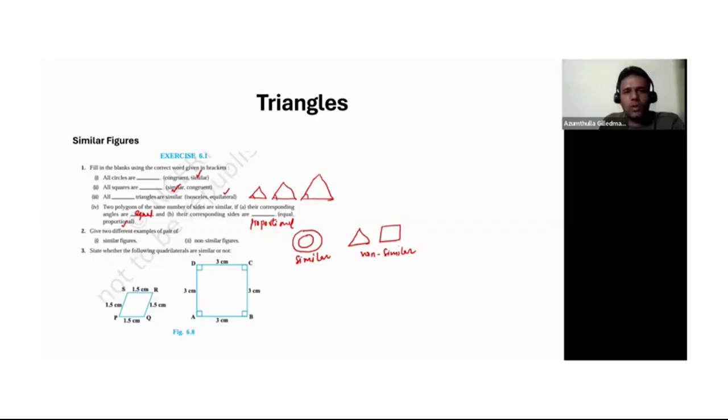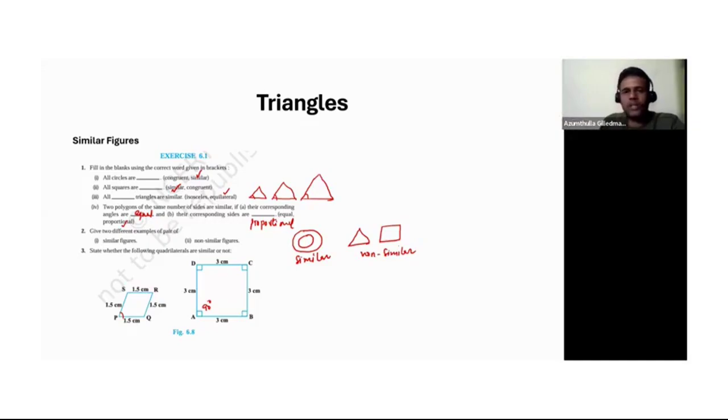State whether the following quadrilaterals are similar or not. Here the criteria for similar is that the corresponding angles should be equal. Here the angle is 90 degrees, but the other is not, so the first criteria itself has failed. So these are not similar. The second criteria is matching because here the side is 3 centimeters, here every side is 1.5, half of the side of the square.